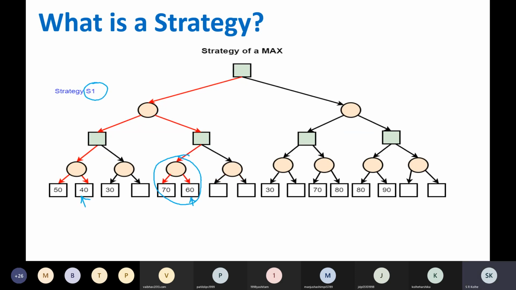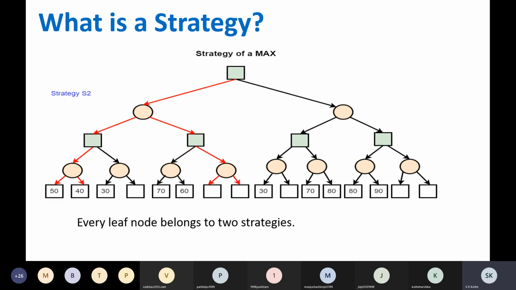So this one was S1 where we selected this left part of the subtree, the left option for this max. Instead of that, if you select the right one, that is another strategy, S2. So there are two strategies for this left part of the subtree, S1 and S2.